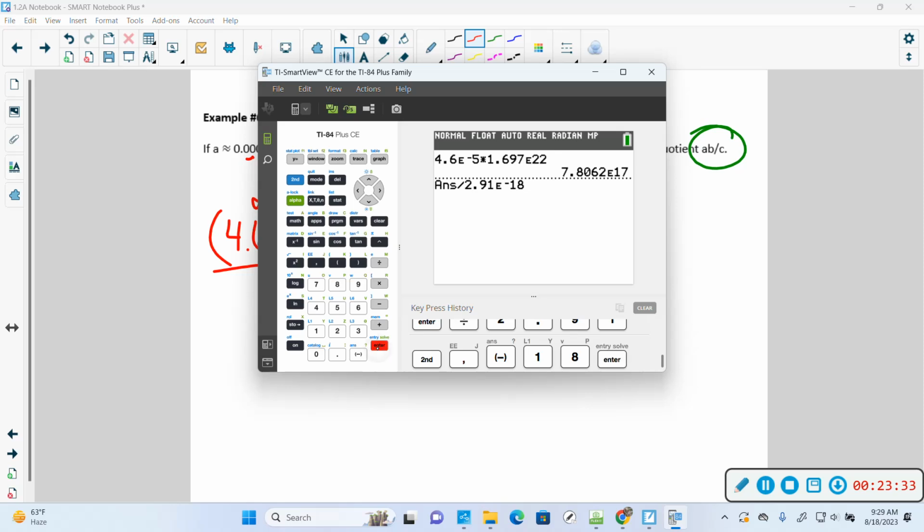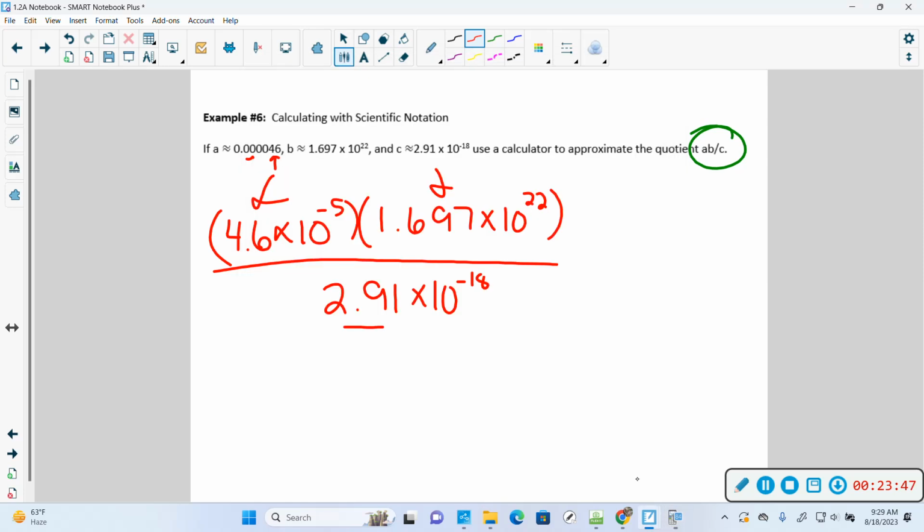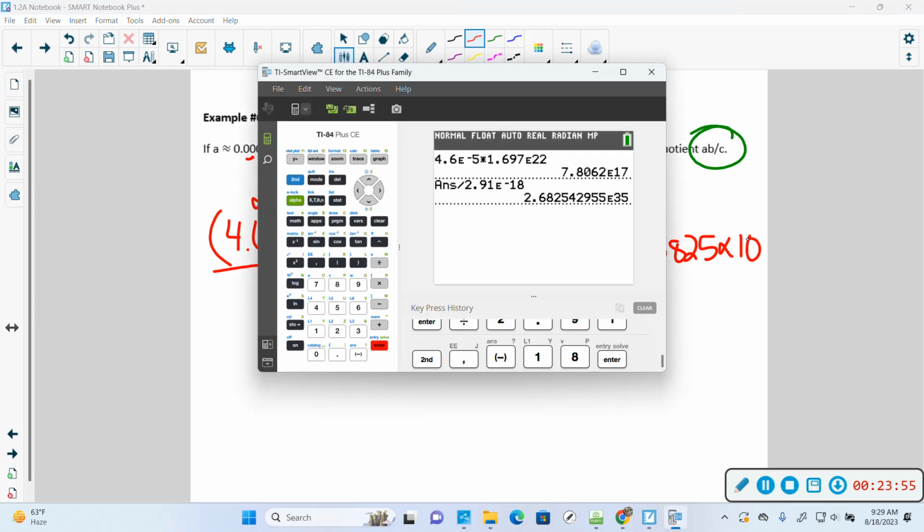So there you got it. 2.68. The E means times 10 to the 35th power. I'm not going to write out all the 6825, so I'm going to put 2.6825 times 10 to the, what was it? 35? Yeah.